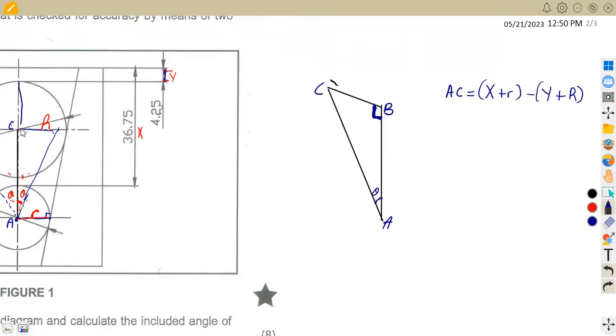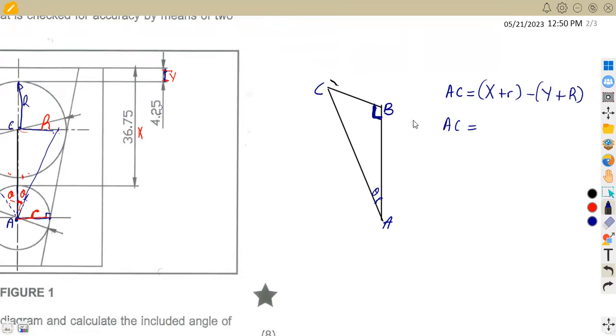From this point to this point is also R. So we have Y plus R subtracted from X plus the radius of the smaller circle. This gives us AC, from A to C. Take note, this is 90 degrees. Don't worry about my diagram, guys, it does not make sense.